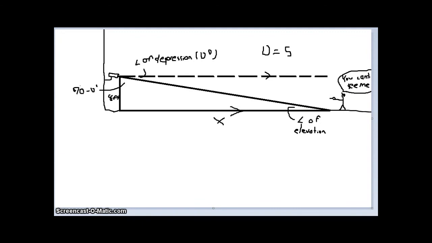Since we know that the camera is about 8 feet above the ground and that the angle of depression is 5 degrees, we know that the angle next to the camera is 85 degrees and the angle next to the boy is 5 degrees. We could use the sine, cosine, or tangent ratios to find the length of side x, which we will do in the next example.